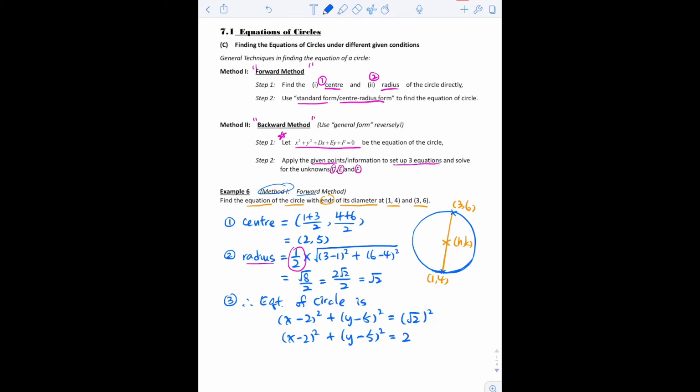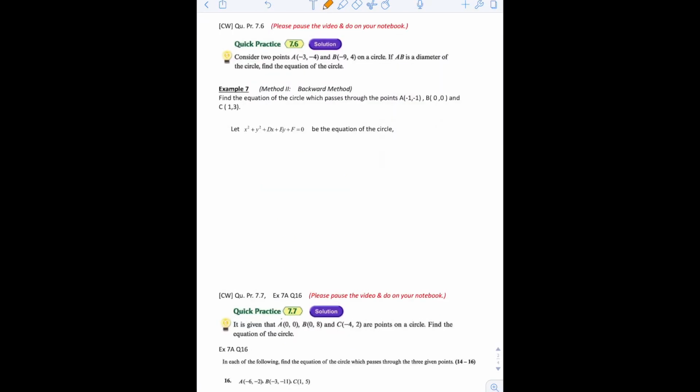Both are acceptable. Now, please try quick practice 7.x as classwork. You can pause your video and do it in your notebook. Then let's try another example, example 7.